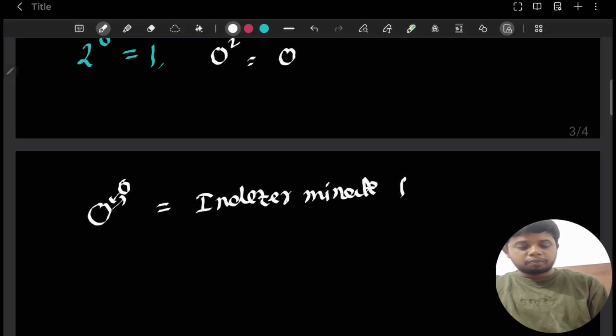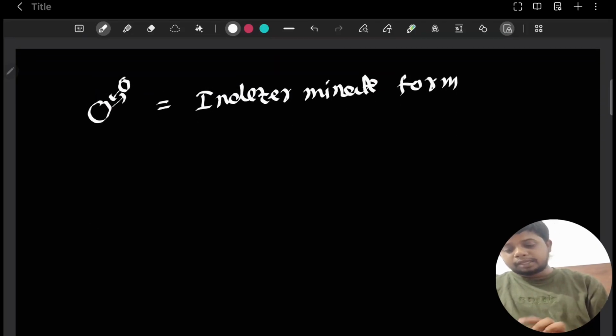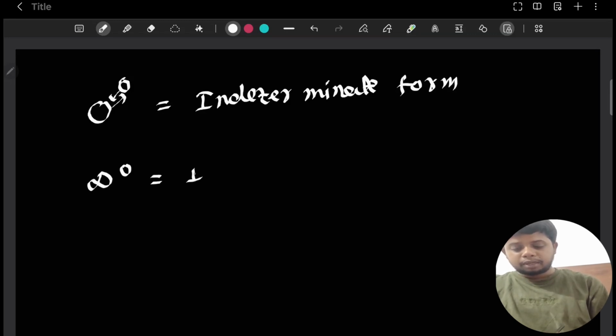So that means this is nothing but an indeterminate form. Similarly, you prove that, okay, 0 power 0 is indeterminate. Similarly, you prove how infinity power 0 also becomes indeterminate. Okay, you prove that.